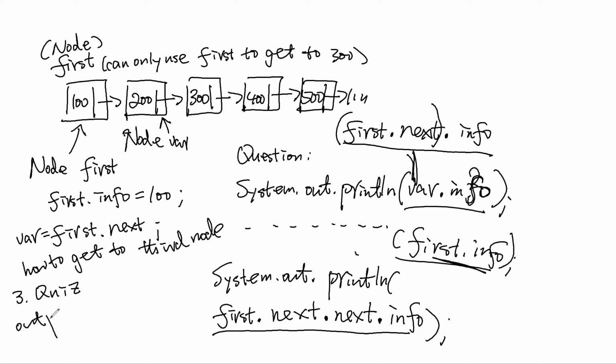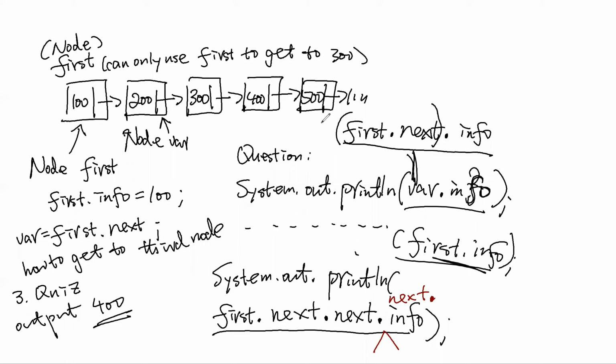So to output 400, you need to do what? System.out.println, add another .next. Yeah, you can add another .next, and then .info.